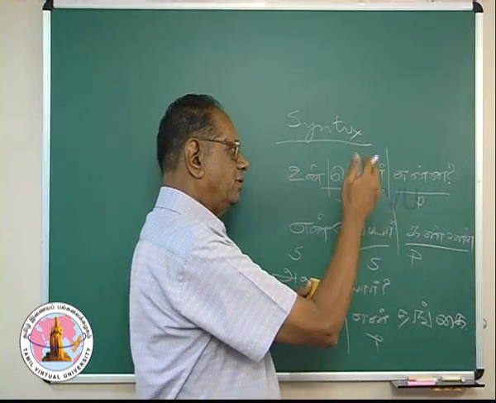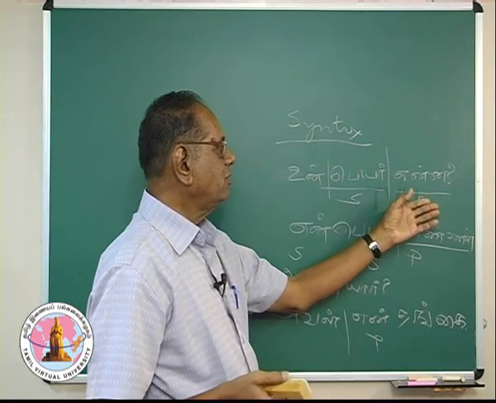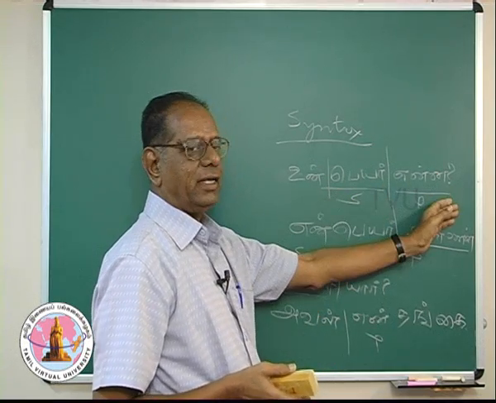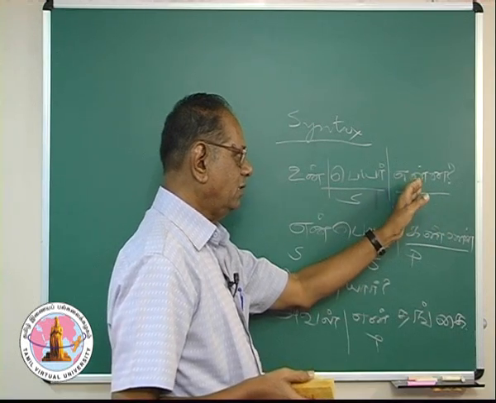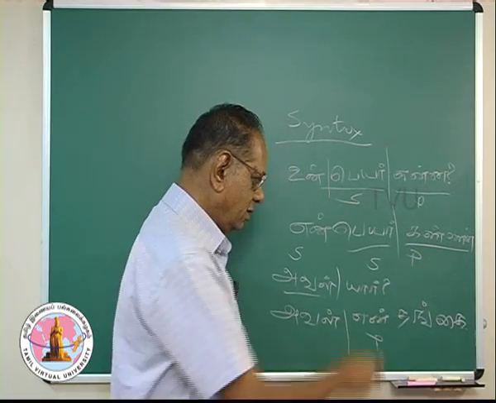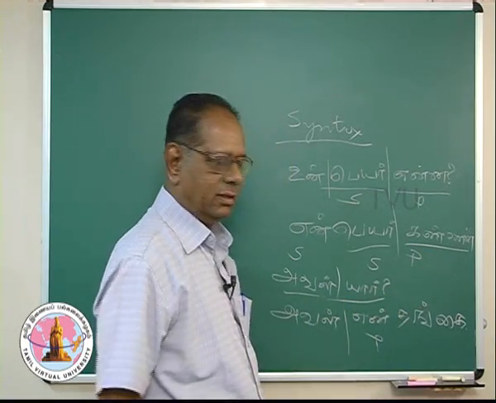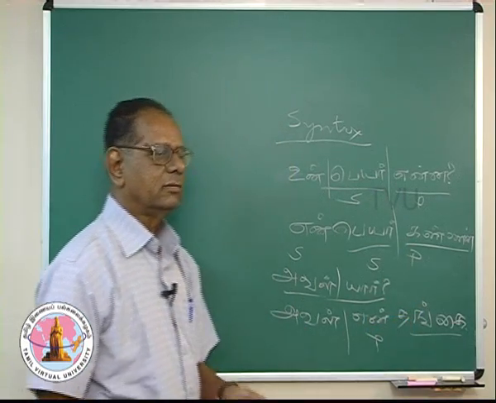The part of a sentence which gives details about or which speaks about the subject is the predicate. So, this enna is a predicate, kannan is a predicate, yar is a predicate, tangai is a predicate. Is it clear?